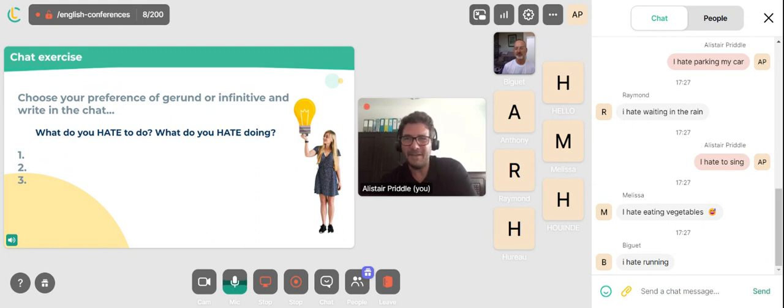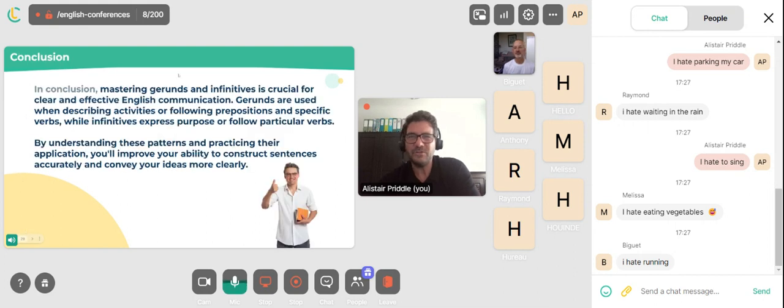Fantastic. Let's have a look at our conclusion for the lesson today. In conclusion, mastering gerunds and infinitives is crucial for clear and effective English communication.